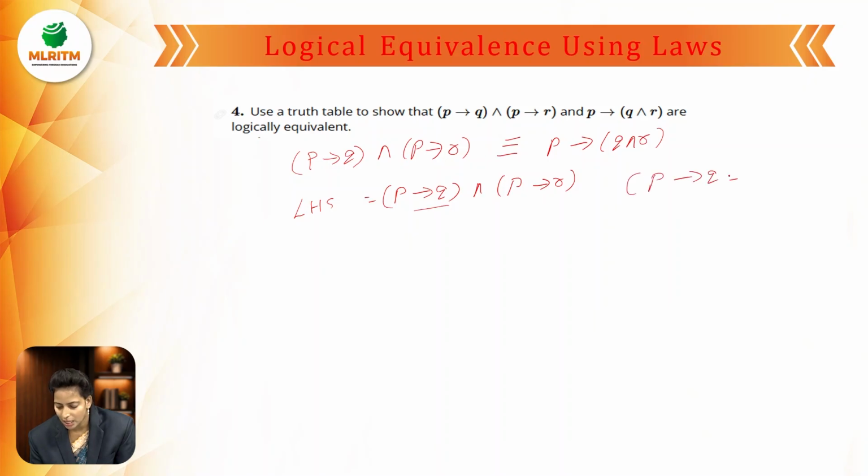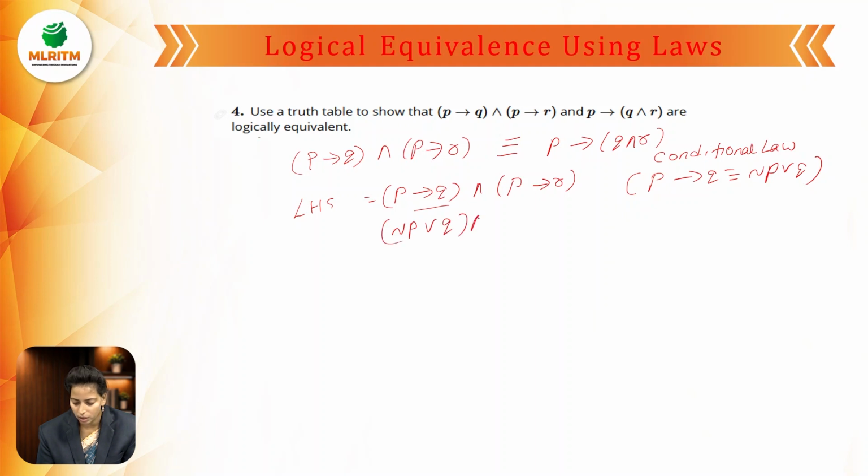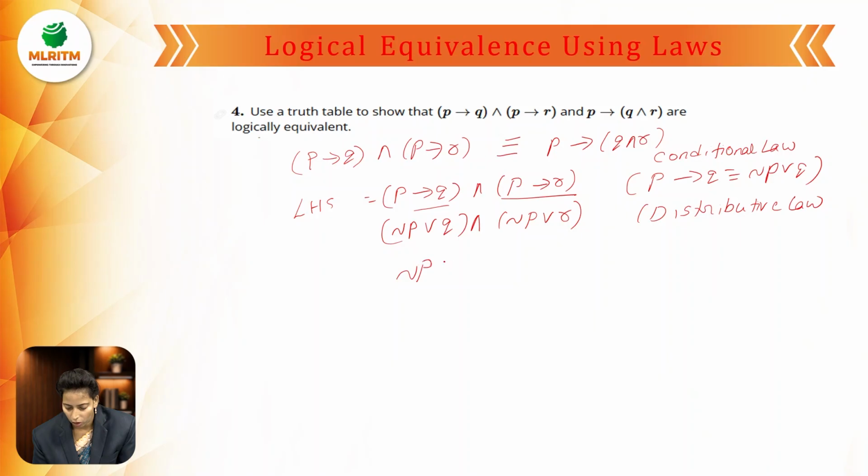P implies Q is equivalent to negation P or Q. So P implies Q becomes negation P or Q. Here also observe P implies R: apply the same conditional law, negation P or R. Next, apply the distributive law. In both terms negation P is common. So negation P or (Q and R).